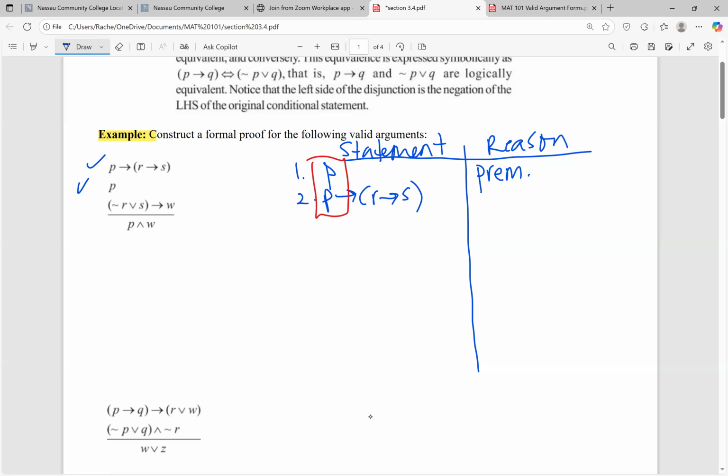So that's modus ponens. And the result, statement 3, is going to be the right-hand side, so R implies S. And don't forget, we have to write that statement 2 is true because it's a premise, and statement 3 is true because of modus ponens on statements 1 and 2.